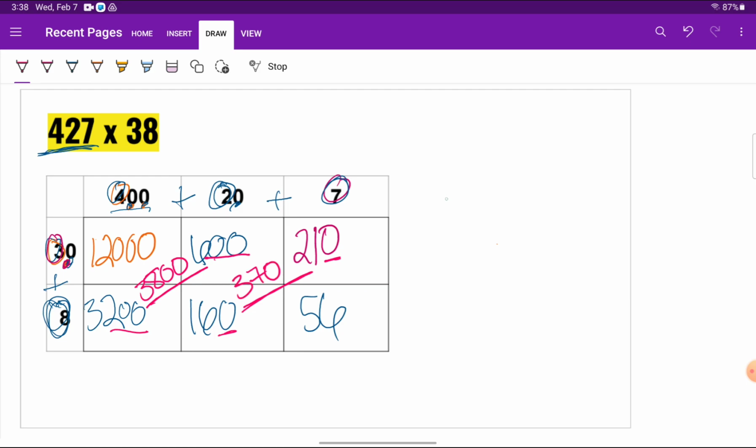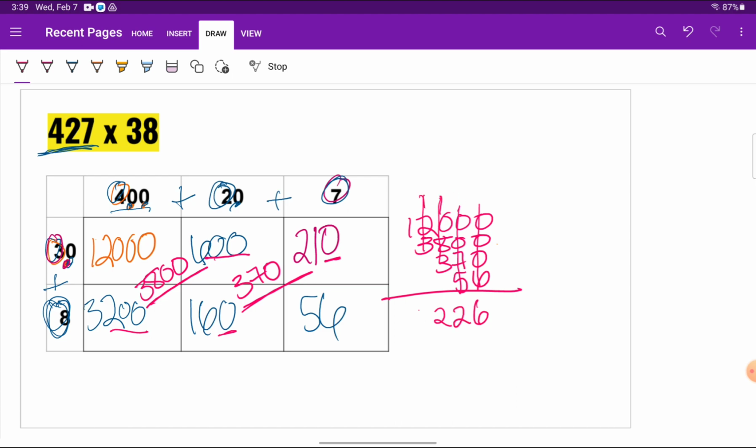And then I only have to do the 12,000, 3,800, 370, and 56. And this is a little more manageable to add. 16,226.